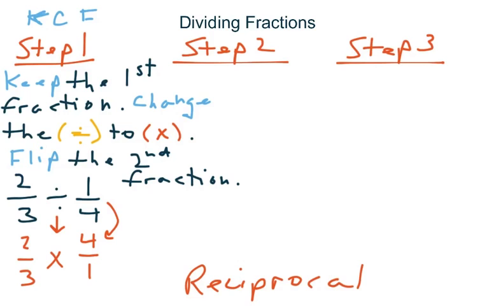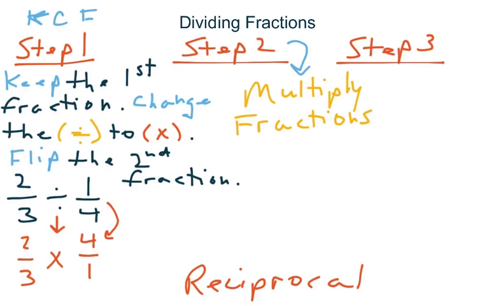And so step 2, as we get past that part, we want to make sure we always remember this KCF when we divide fractions. Step 2 is simply going to be to multiply the fractions.